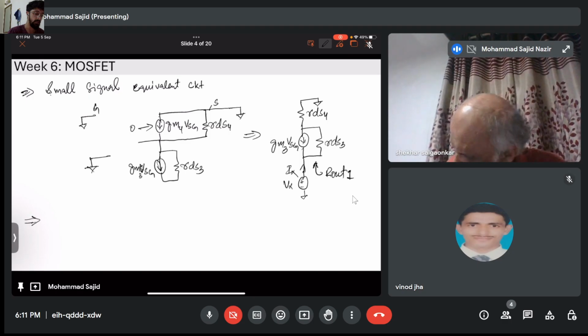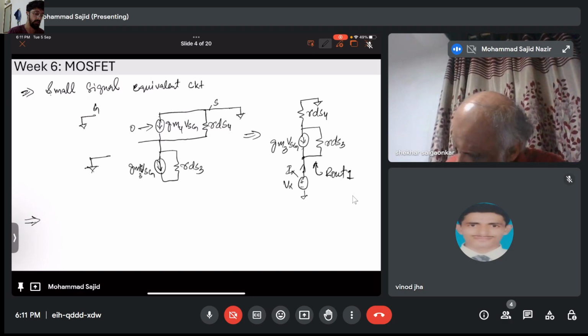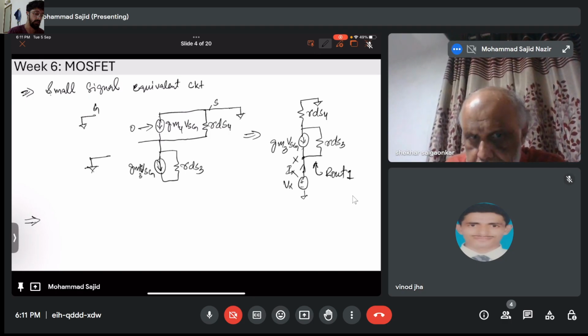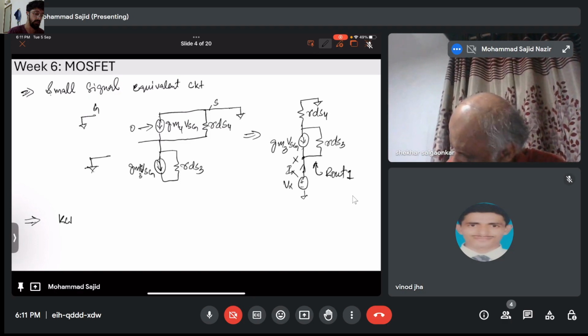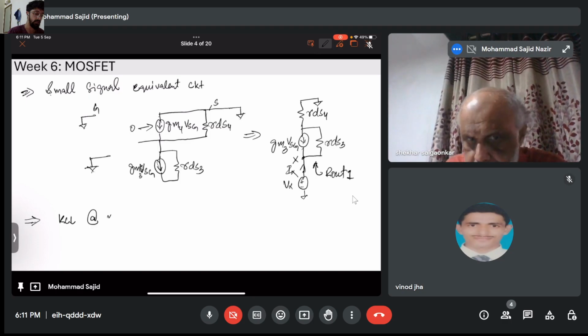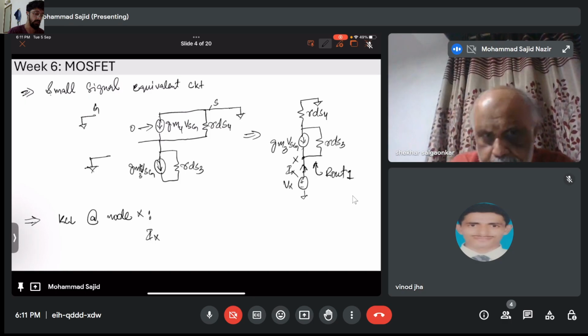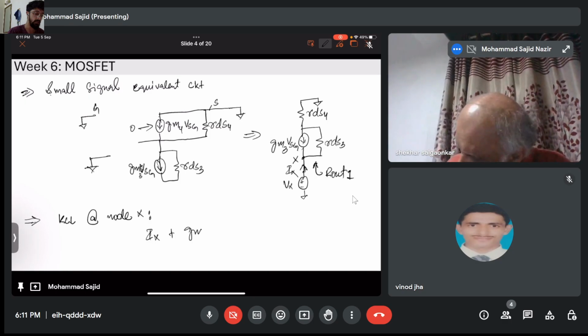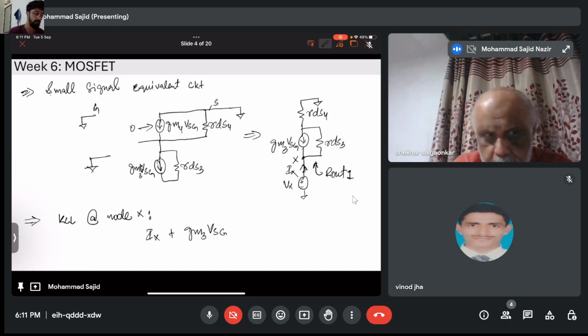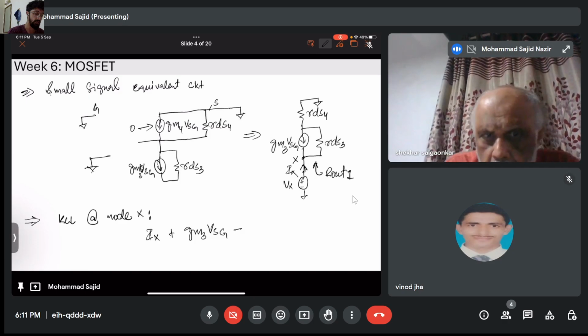Okay, so now we have this. Next is simple KCL. Let's call it node X. KCL at node X. We will have current Ix, incoming current, plus GM3 VSG is equivalent to, let's say, the current in this direction.